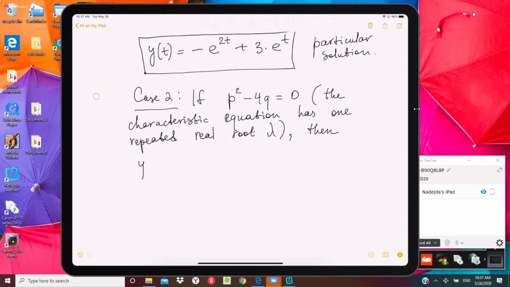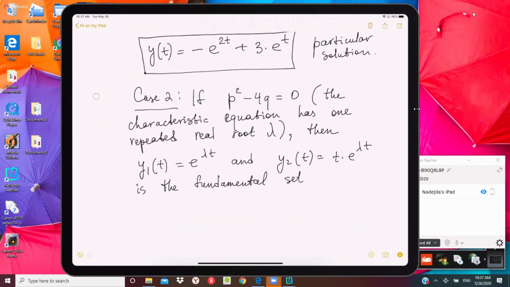Then y sub 1 of t will be e to the lambda t, and y sub 2 of t will be t times e to the lambda t. This is the fundamental set. This time it will look like this, and the corresponding general solution will be a linear combination of those two functions. So this is the general solution.